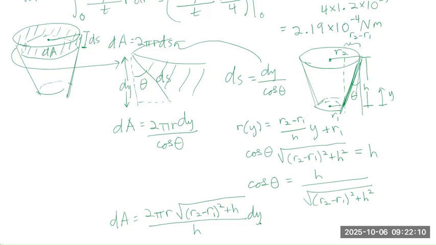And you might ask yourself, this is in terms of y, so what about r over here, since it needs a relationship with respect to y? We actually found that relationship over here already. So we're going to use r(y) in place of r.